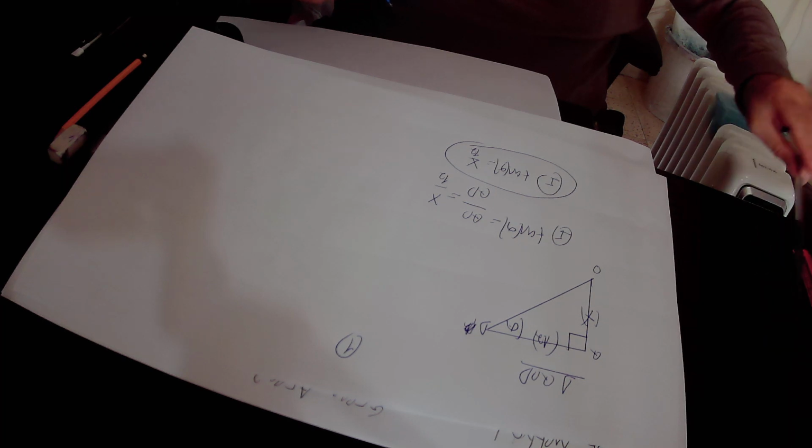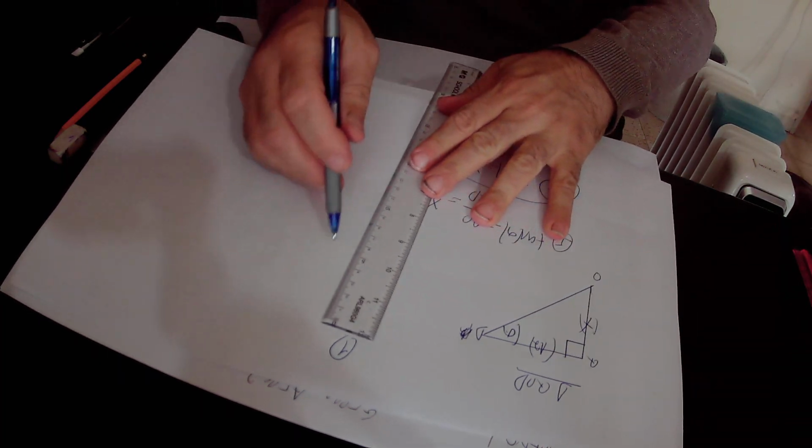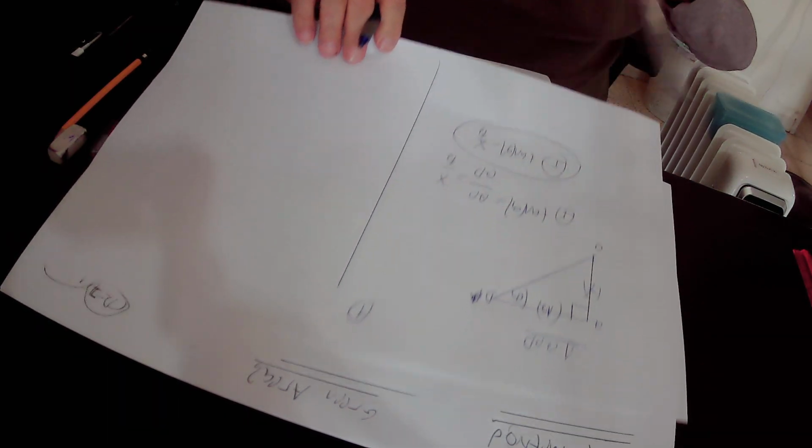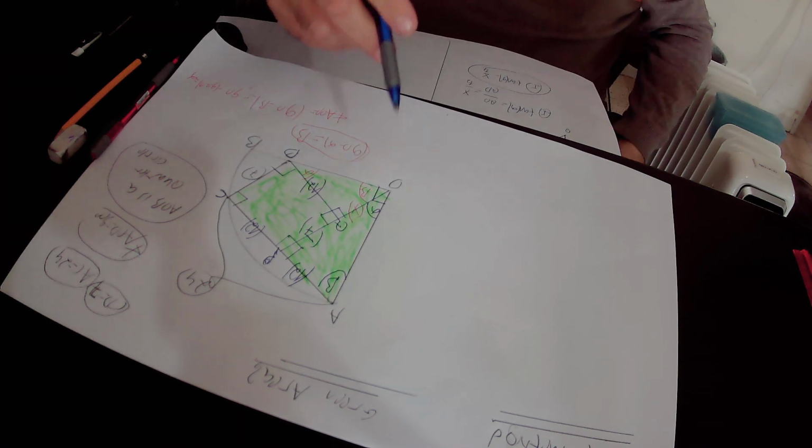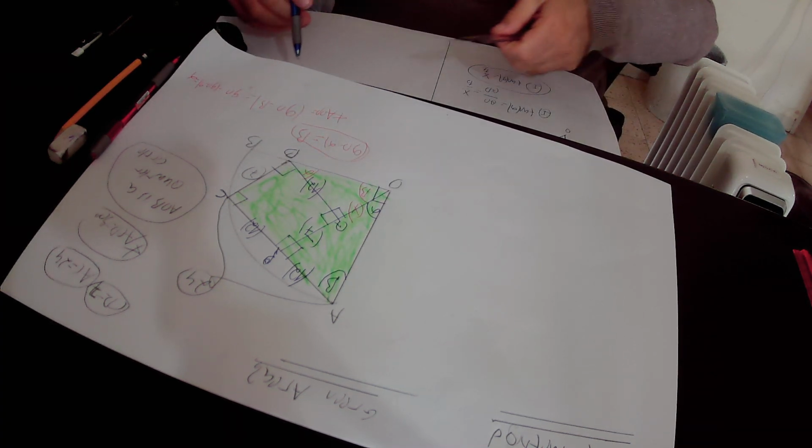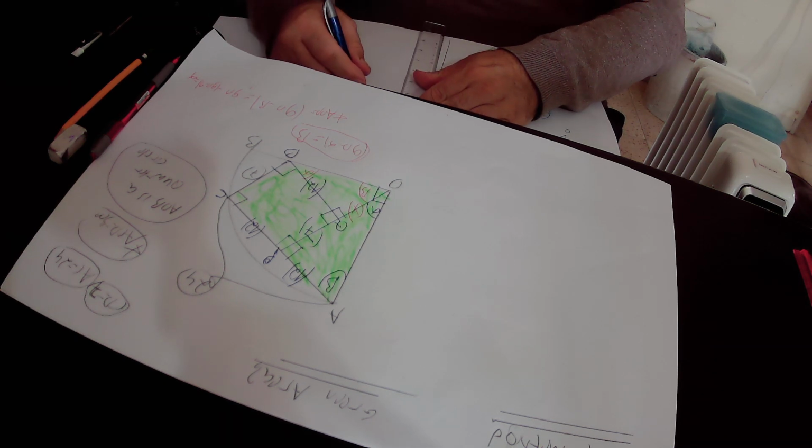In the next step, we will focus on the right triangle AOP. I'll copy the right triangle AOP in a new page.